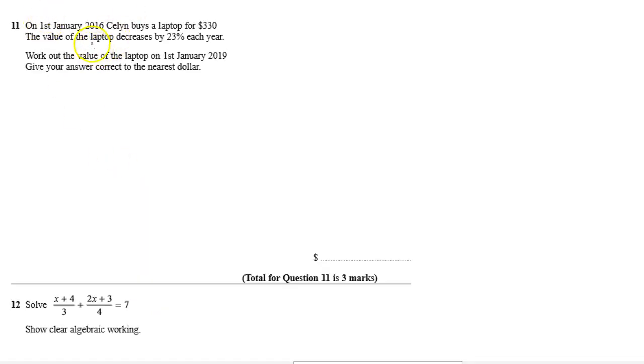On 1st January 2016, Selin buys a laptop for $330. The value of the laptop decreases 23% each year. Work out the value of the laptop on 1st January 2019. Give your answer correct to nearest dollar.